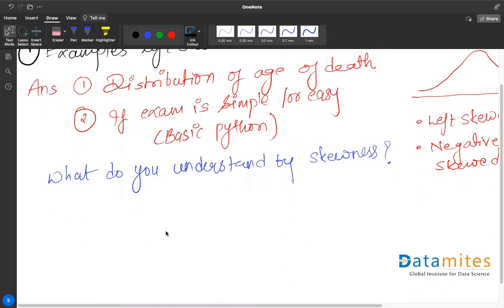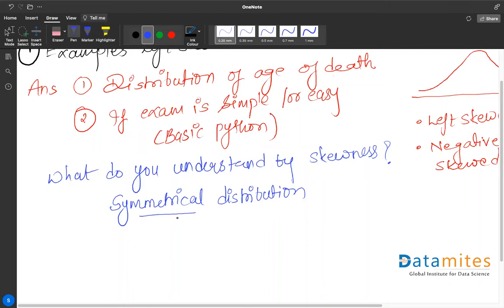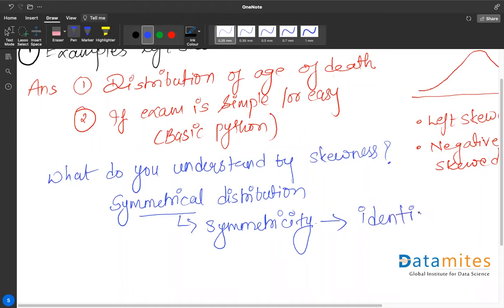So the word here will be symmetricity. Okay, so symmetrical distribution. Whatever distribution you have, if it is not following symmetricity, okay, the word here is symmetricity. The meaning of symmetricity is identical on both sides.